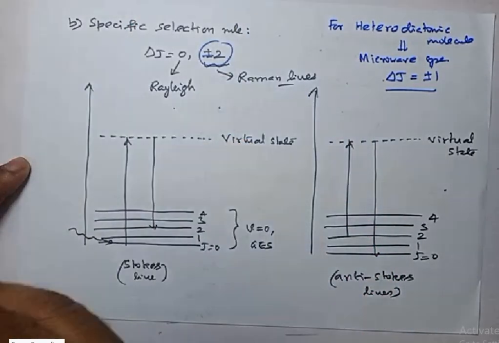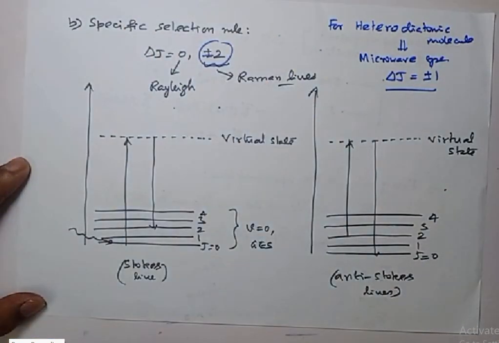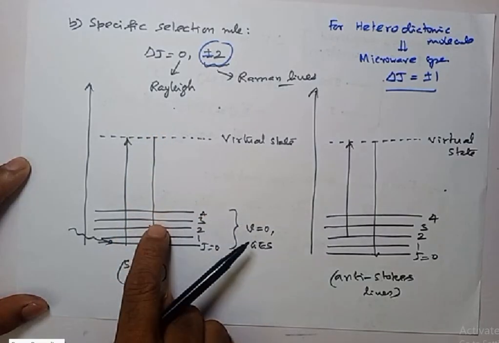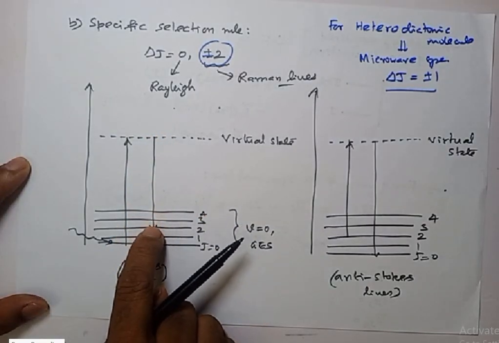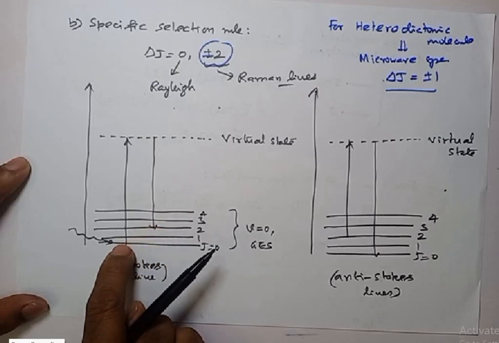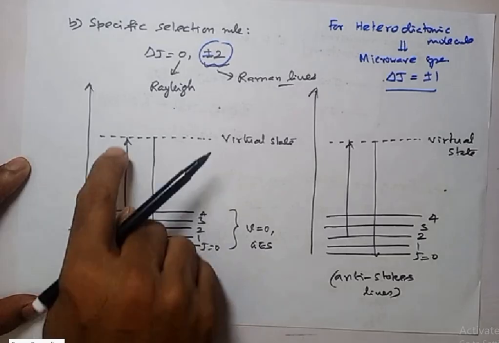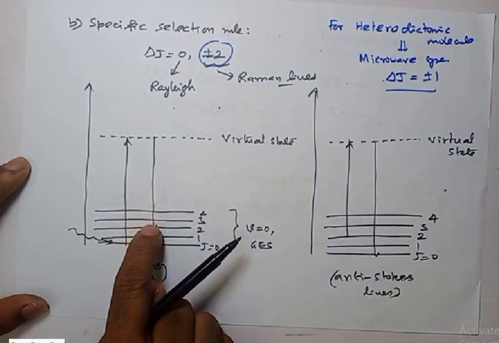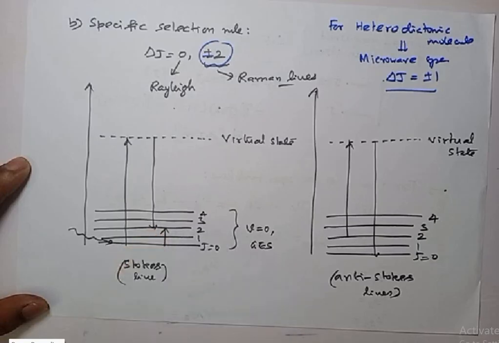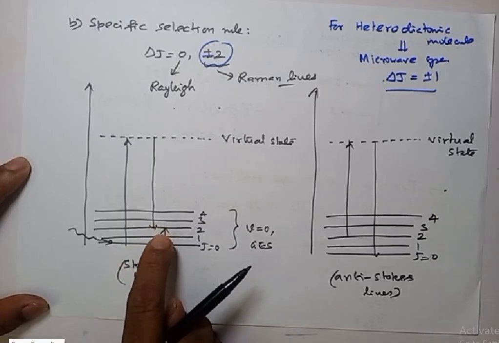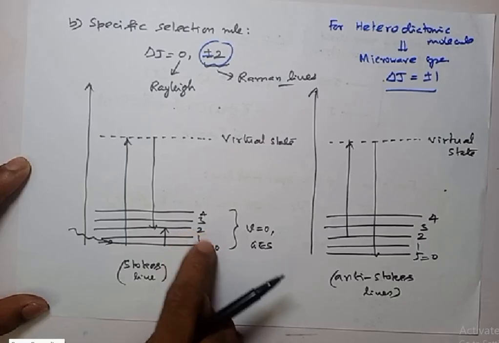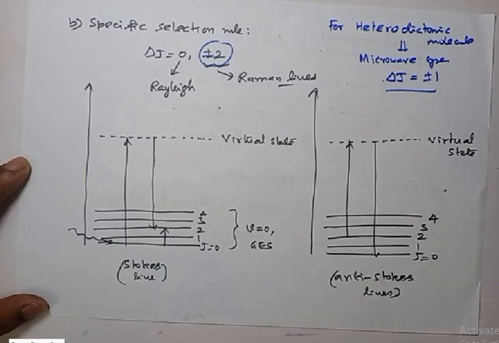So the molecule goes to the virtual state, then when it returns back, if it stops at the J equals 2 level, its absorption starts from J equals 0, goes to the virtual state and returns back to J equals 2. That means the net absorption is 0 to 2. So the higher level is 2, the lower level is 0, the difference is plus 2.